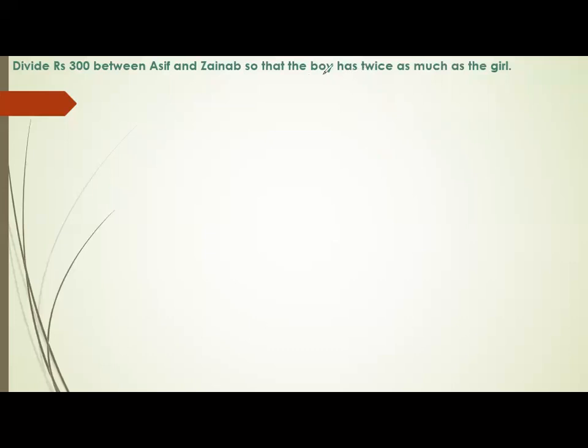Clear? That means the total amount is given and the individual ratios are: the boy gets 2 and the girl gets 1. So I can write the ratio 2 to 1. I can write like this.